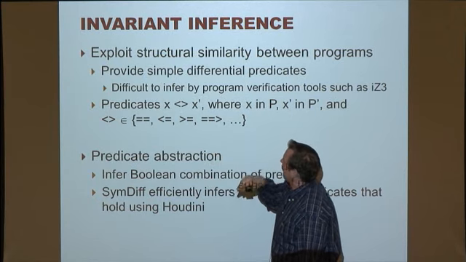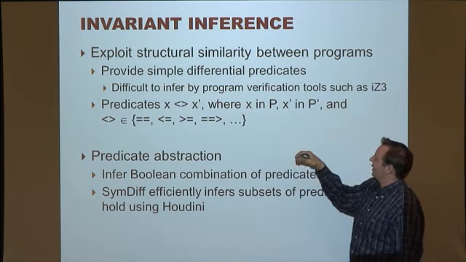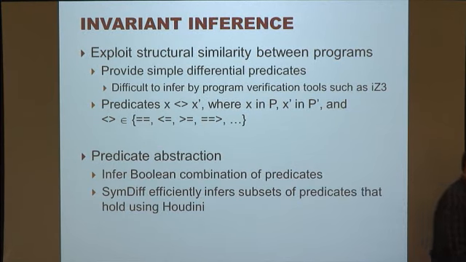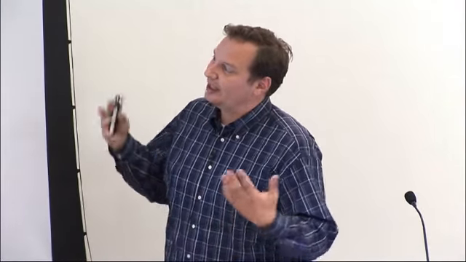So they're in the form of x and then some operator x prime, where x is from one program version and x prime from the other one. And this operator can be simple things such as equality, less than or equal to, and so on. So these are the predicates or predicate templates.